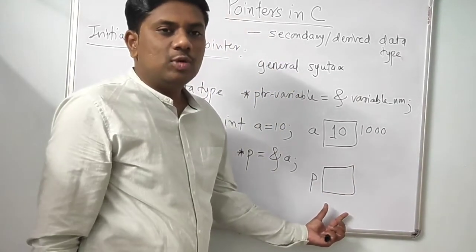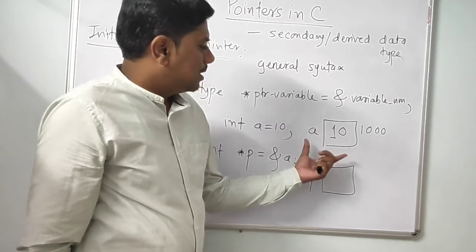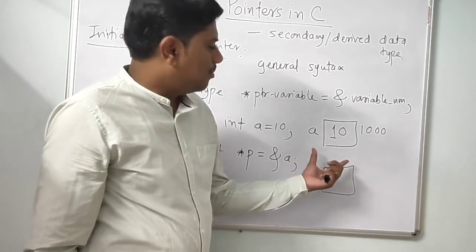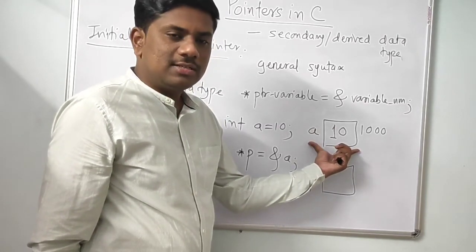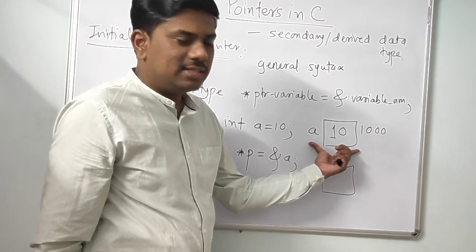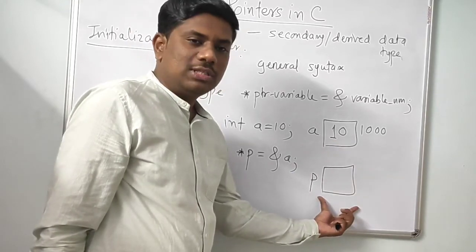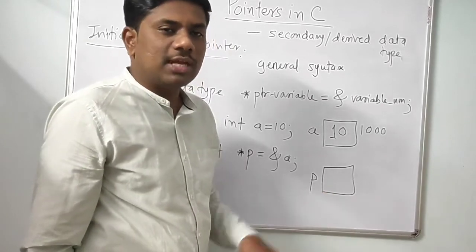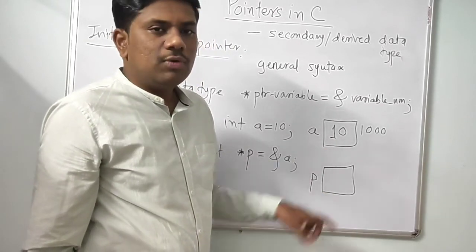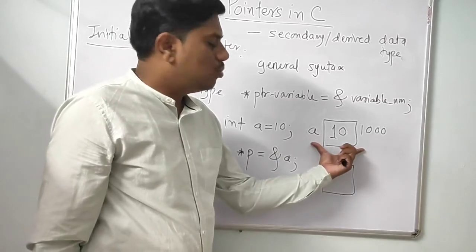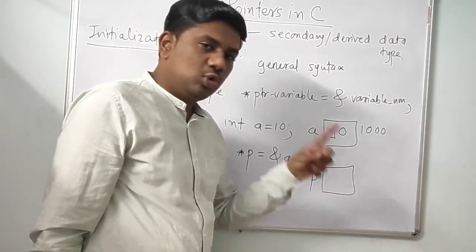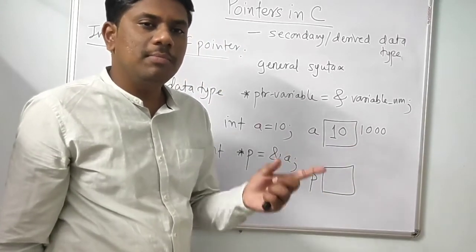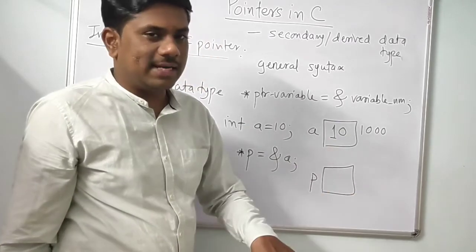Now what is the size of this? See, if you are working on the GCC compiler, then 4 bytes for this, because it is integer. For the pointer, what is the size? 8 bytes of memory, no matter which type of pointer you are using. If you are working on the TCC compiler, 2 bytes for this, and for the pointer 2 choices depending upon the memory model, 2 bytes or 4 bytes.